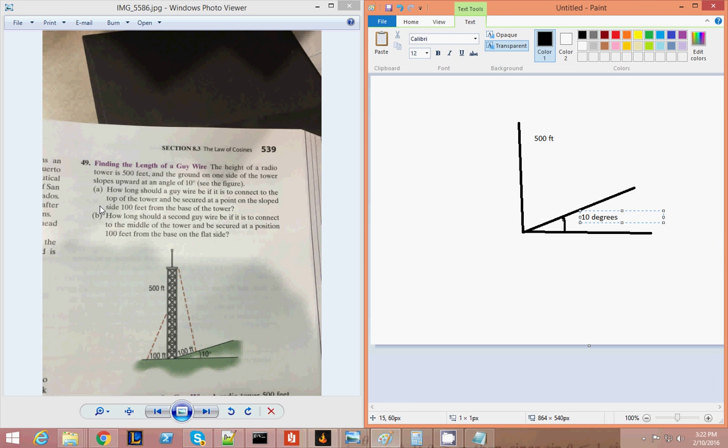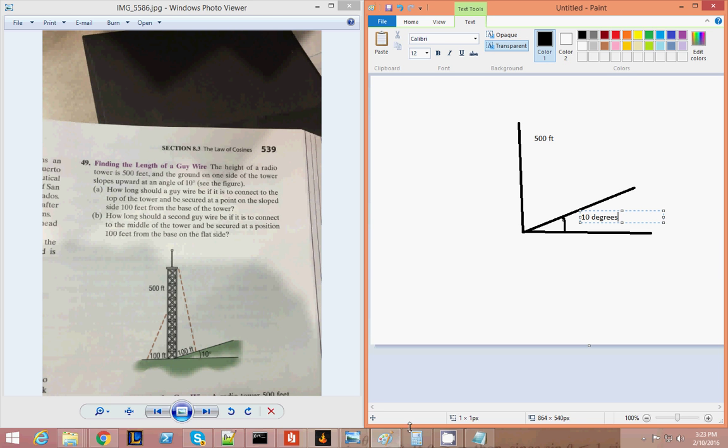So, part A says, how long should a guy wire be if it's to connect to the top of the tower, which is up here, and be secured at a point on the slope side 100 feet from the base of the tower?